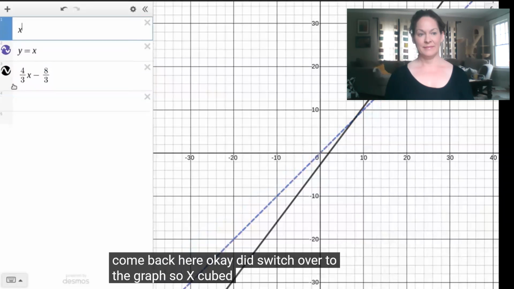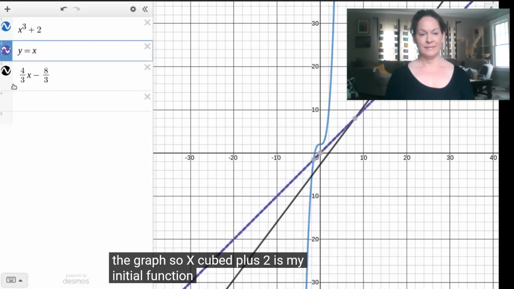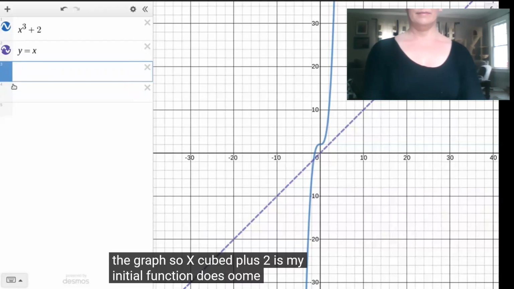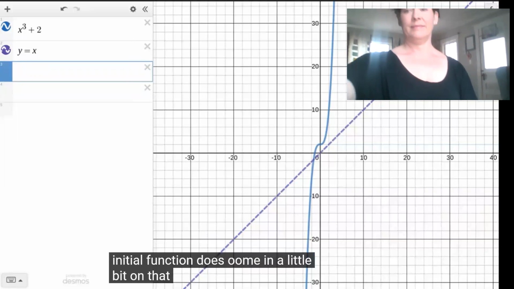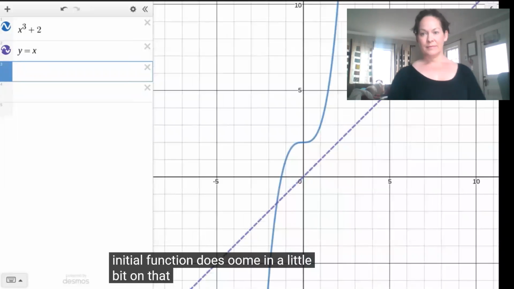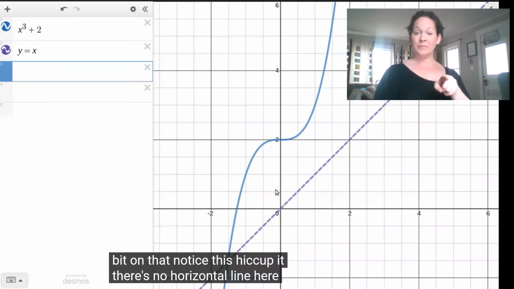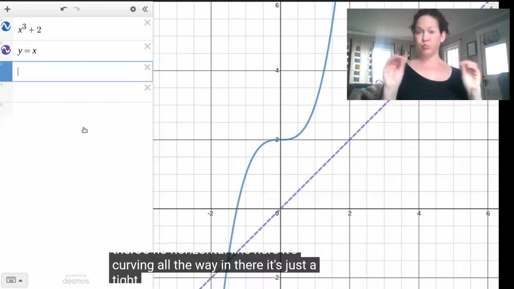So x cubed plus 2 is my initial function. I'm going to zoom in a little bit on that. So now notice this hiccup. There's no horizontal line here. It's curving all the way in there. It's just a tight curve.